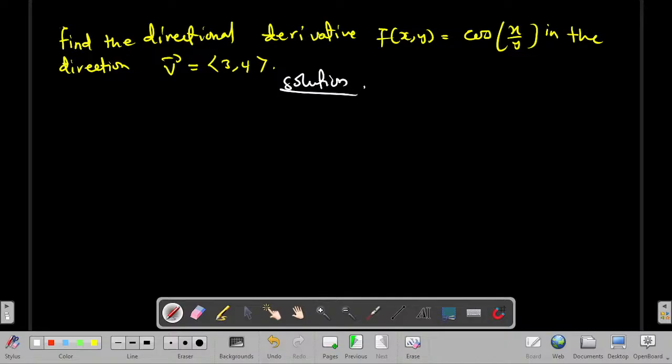In the directional derivative formula, we have du equal to the gradient function vector.